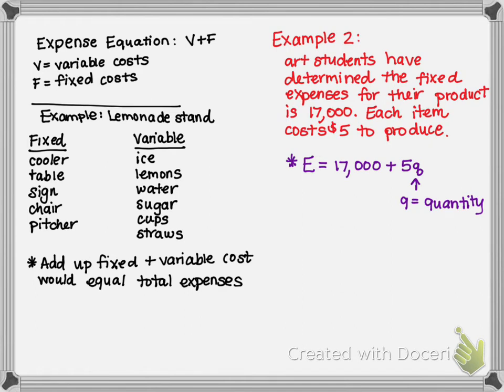And so if I produced 100, I'd have to do 5 times 100, which would give me $500. And those would be the variable costs plus my fixed costs. And so you can see that as we get larger and larger quantities, the expenses are actually going to reduce a little bit more, because what's going to happen is we're going to sell more. And so that's going to go into our revenue function, which is what we're going to be talking about next.